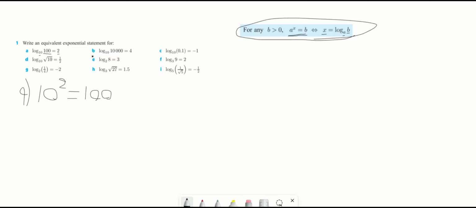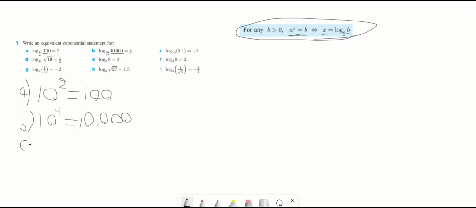Awesome. So here on b, we have a very similar thing. So a is 10, b is 10,000, x is 4. Again, using these two formats. So a is 10, x is 4, so to the power of 4, and this equals 10,000.